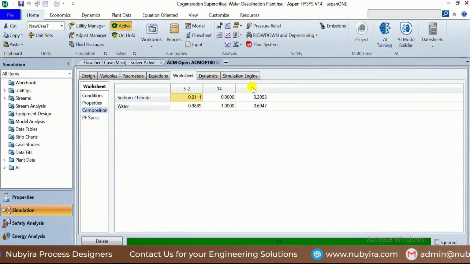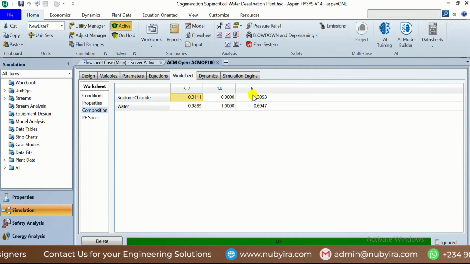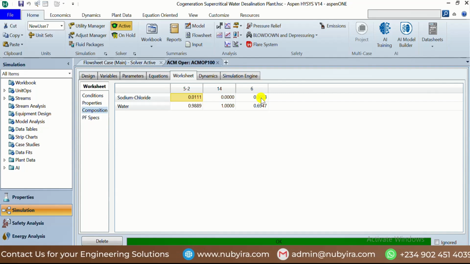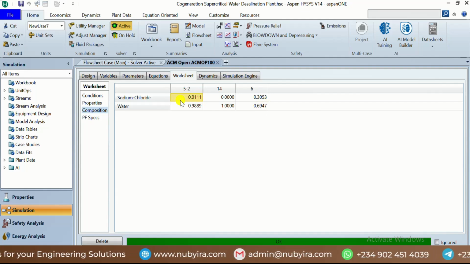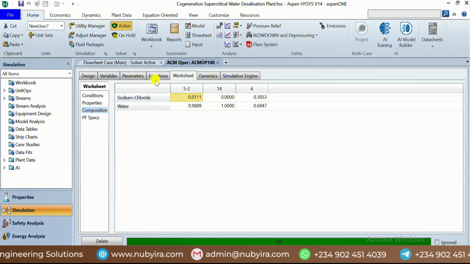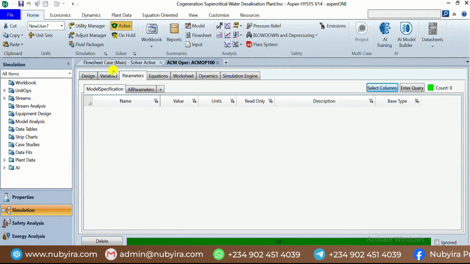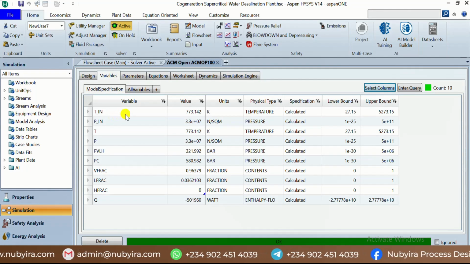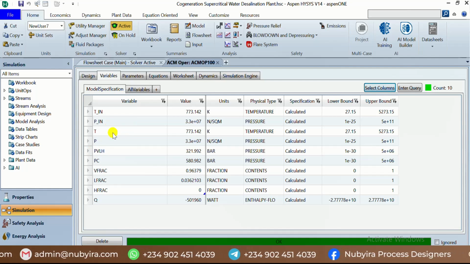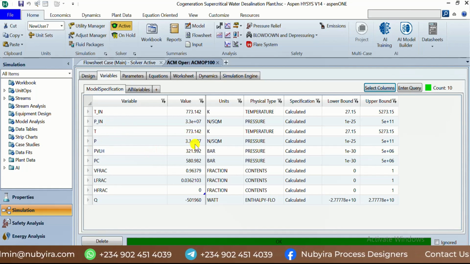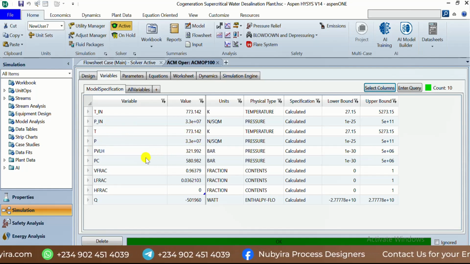If I'm using the Aspen property, the NRTL, the composition of salt will be very low, and it will not be very accurate as expected for that supercritical condition. You can see the equation of the salt, the parameters, the variables: the temperature in, pressure in, and the temperature that we are using, in case you want to change it.